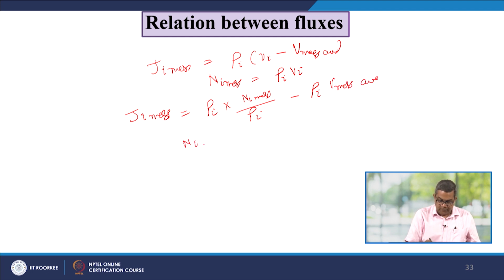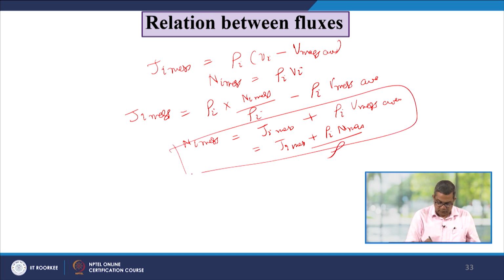So, Ni mass is equal to Ji mass plus rho i V mass average, and this comes out to be Ji mass plus rho i N mass over rho. So this is my first formula.